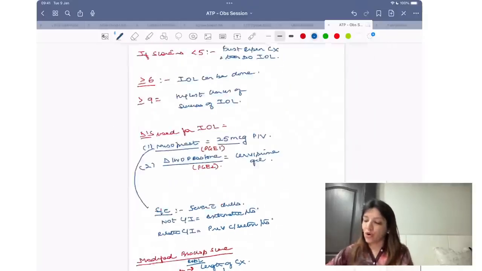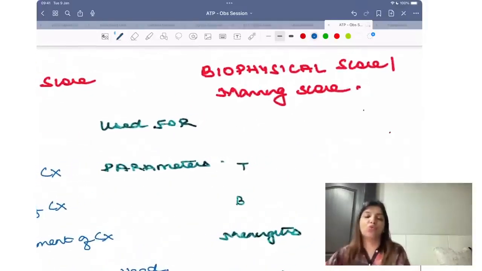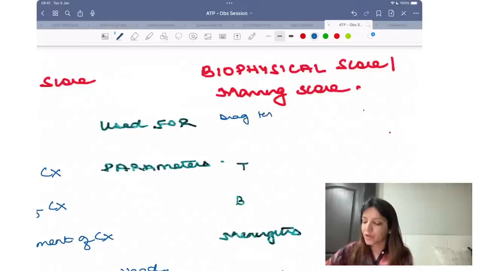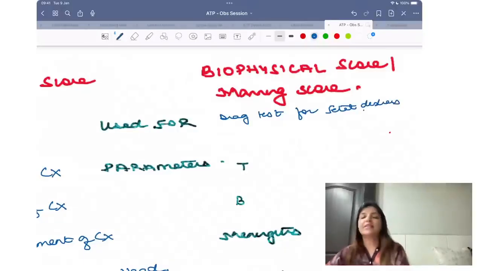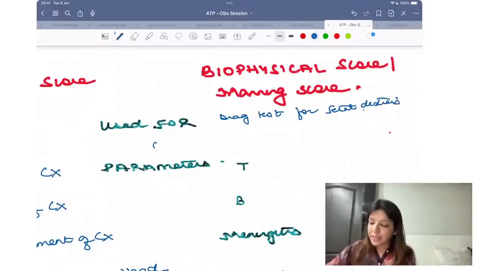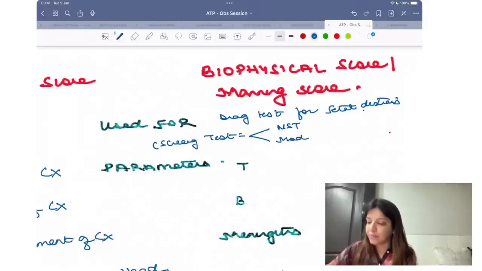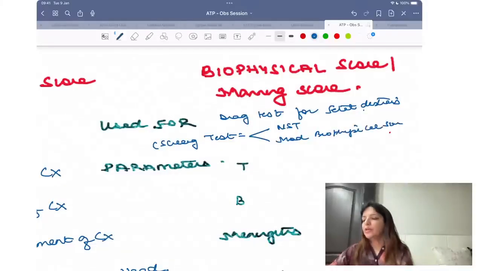Now, then comes your biophysical score or Manning score. Biophysical score or Manning score is the diagnostic test for fetal distress, right? The screening tests are NST and modified biophysical score.